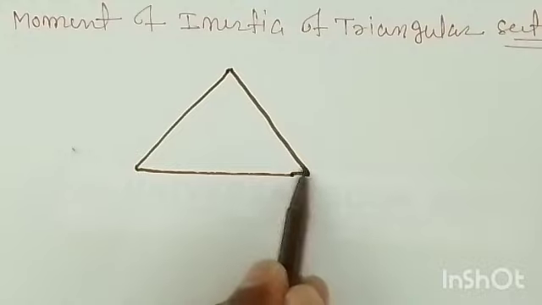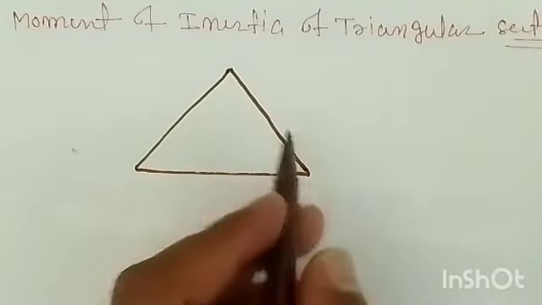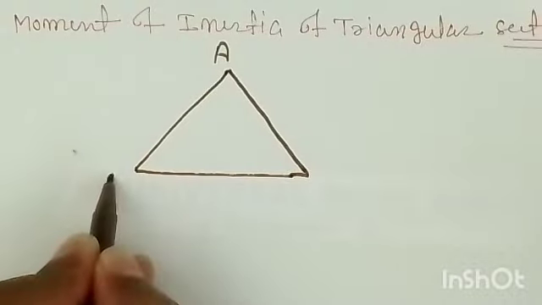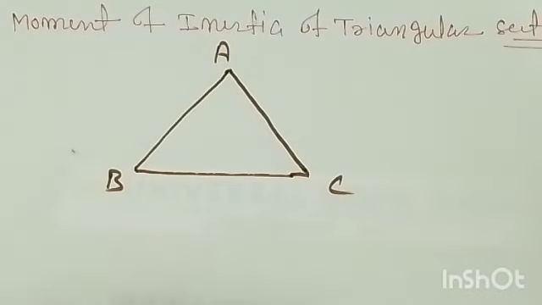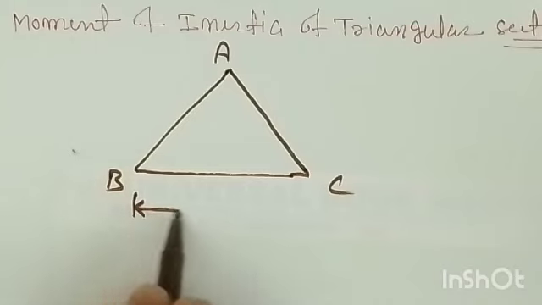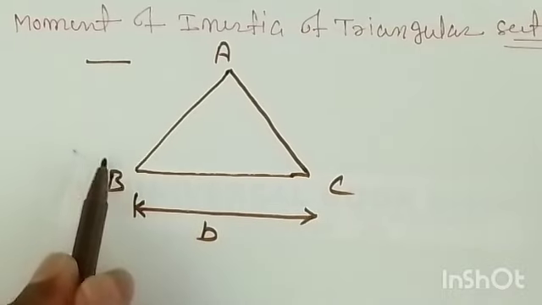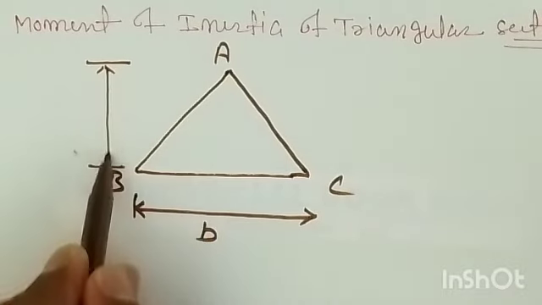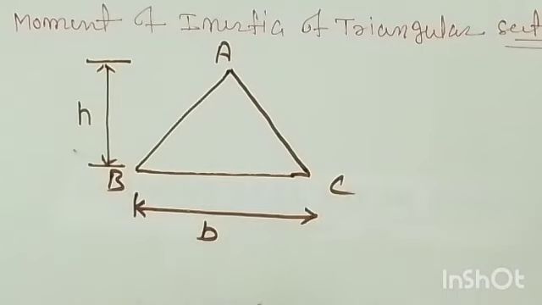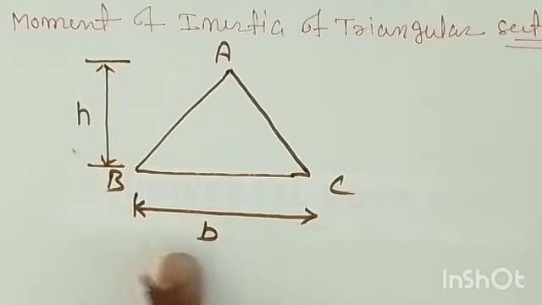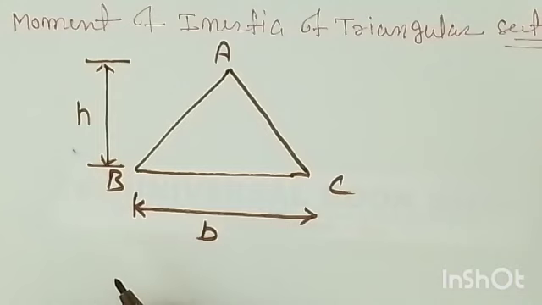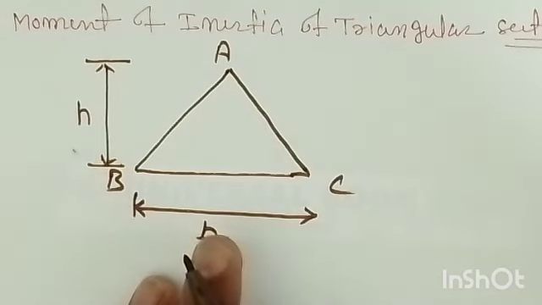Let's say this is your triangle, and we can name it A, B and C. The base of the triangle is B, and the height of the triangle is H. So we have to find the moment of inertia of a triangular section having base B and height H, about the base as well as about the centroidal axis.